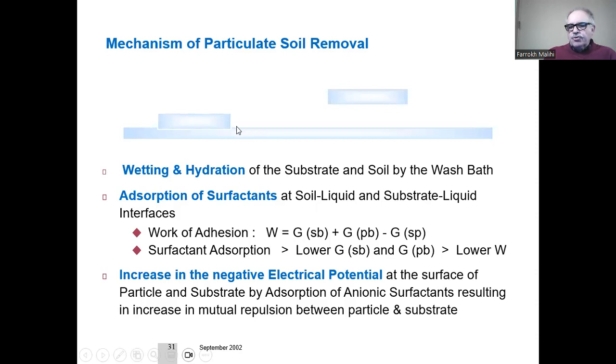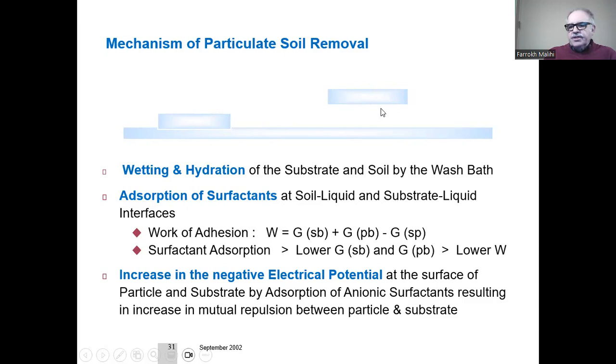For particulate soil, initially these soils are hydrated and wetted. Absorption of surfactant eases the detachment of particulate soil from the surface of the substrate. It can be a metallic substrate, glass, or plastic.